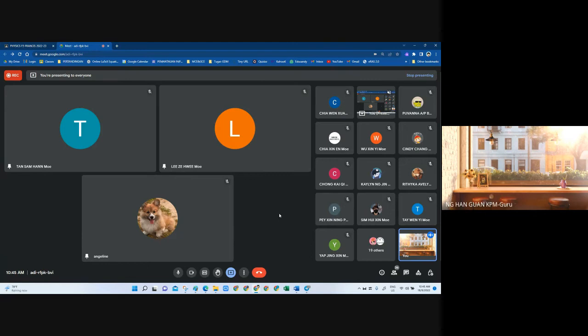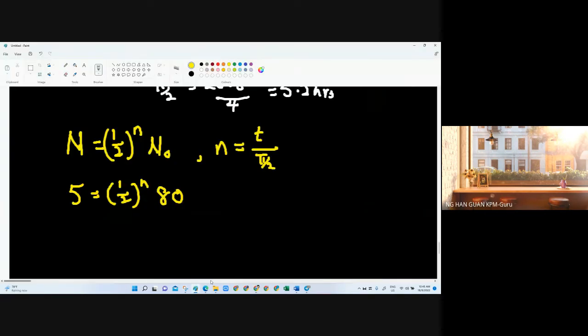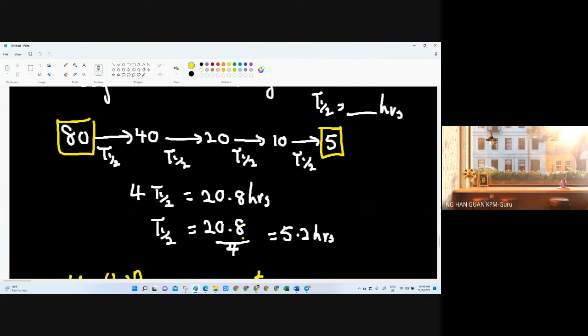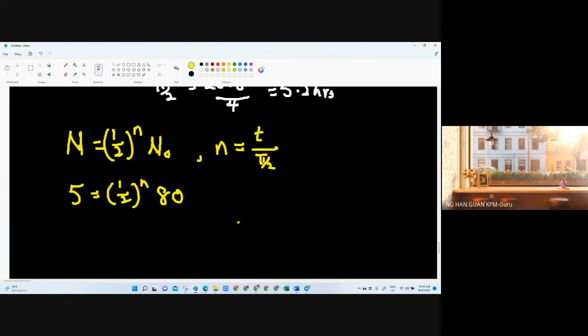Please share your working steps, how to solve this equation to find n, the number of half-lives, which we noticed is 4. How do we solve this to find that n is equal to 4?